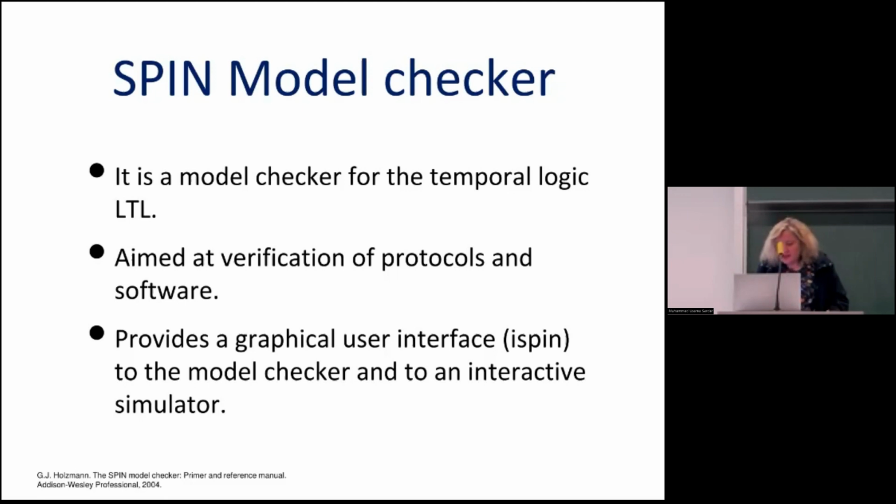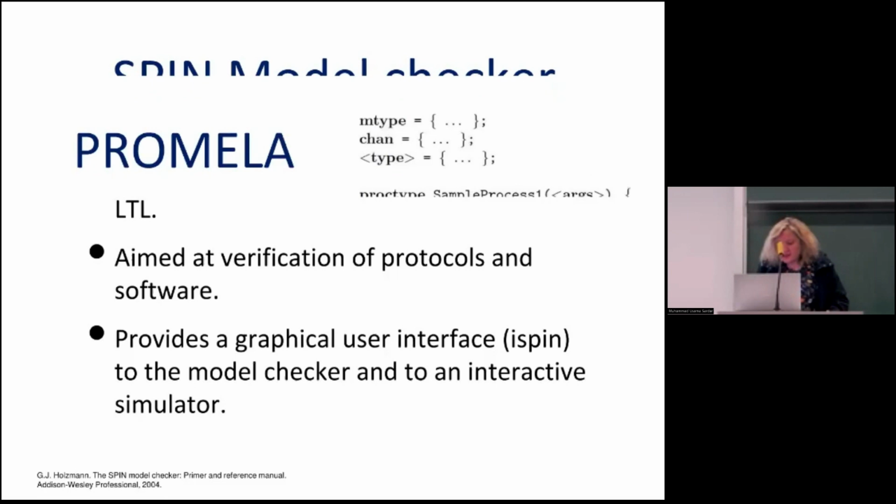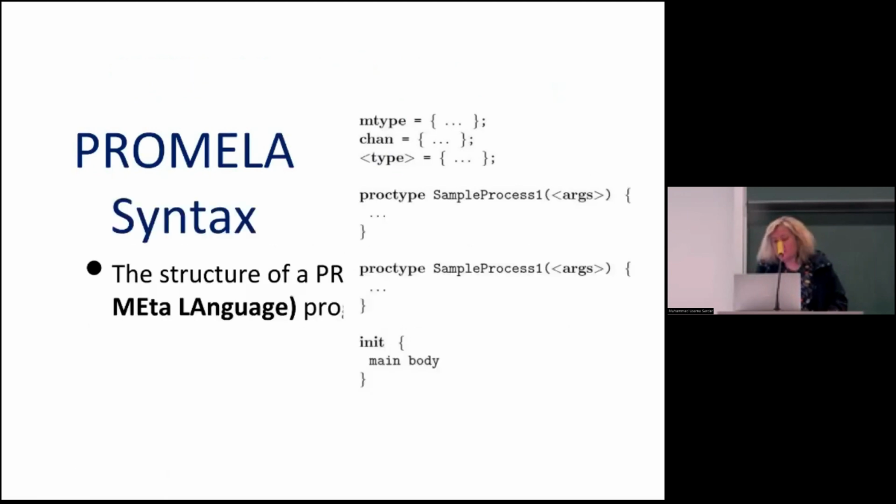The syntax here, arguably, to me, is simpler, but it depends on which programming language you're most comfortable with. You have a type, you have a channel, you have some time, and these are defined depending on your needs. The language is called Promela. It has fairly strict syntax rules, which are, however, comprehensive.